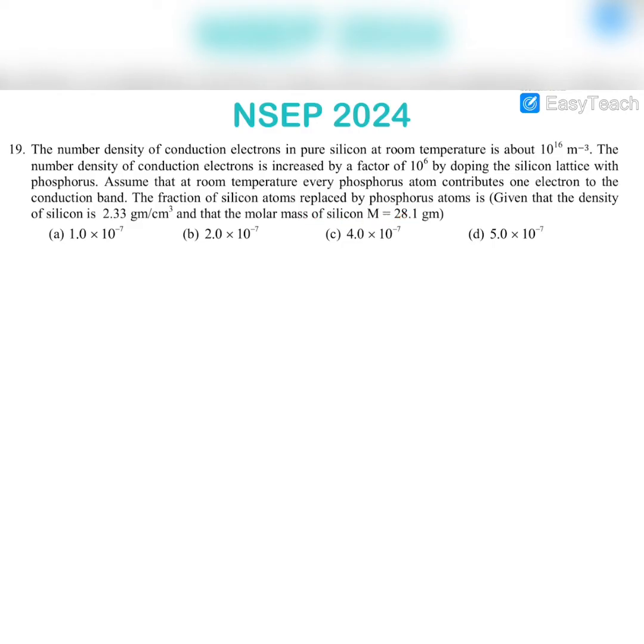Let us first of all derive the final expression in terms of variables. So we can see that the final electron density is 10 to the power 22 electrons per meter cube, and the molecular mass of silicon is this, and the density of silicon is this.